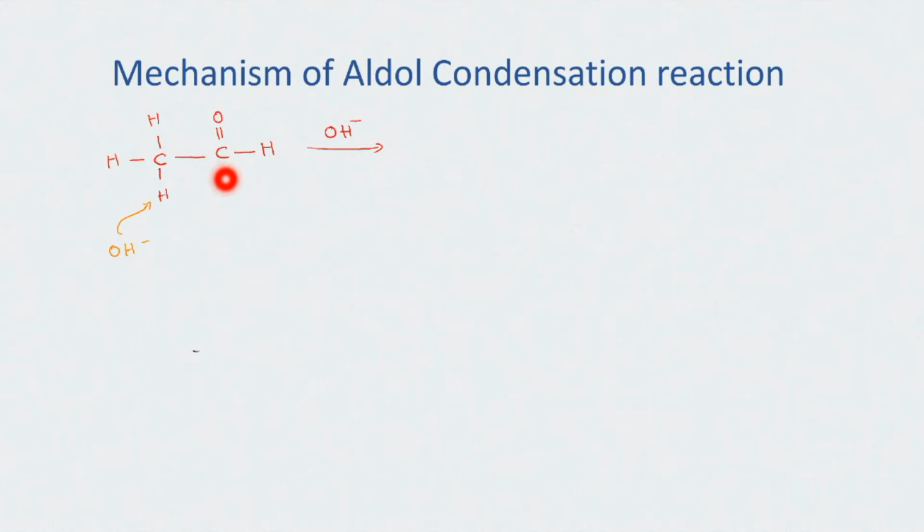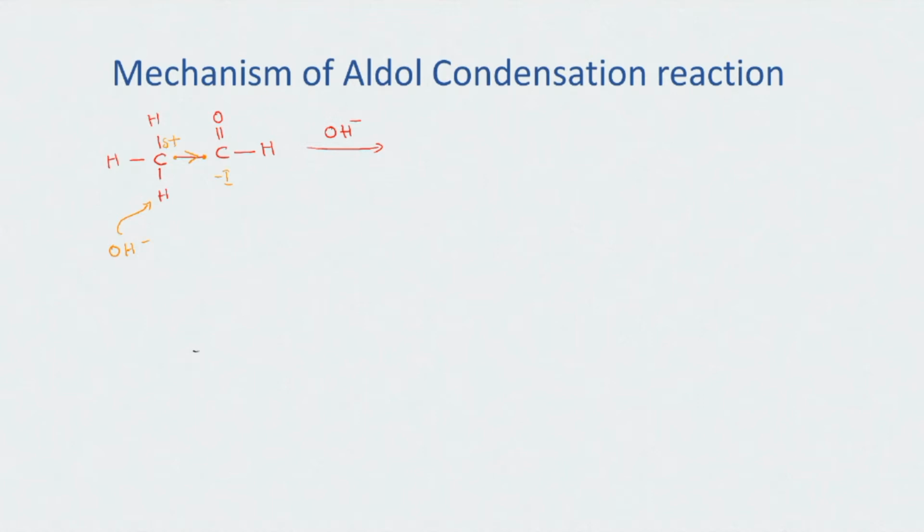Whenever a carbonyl group is attached to an alpha carbon which in turn is attached to an alpha hydrogen, because of the minus I effect of the carbonyl group, it pulls the electron density of this carbon-carbon bond towards itself. Because of that, a partial positive charge develops on the alpha carbon.